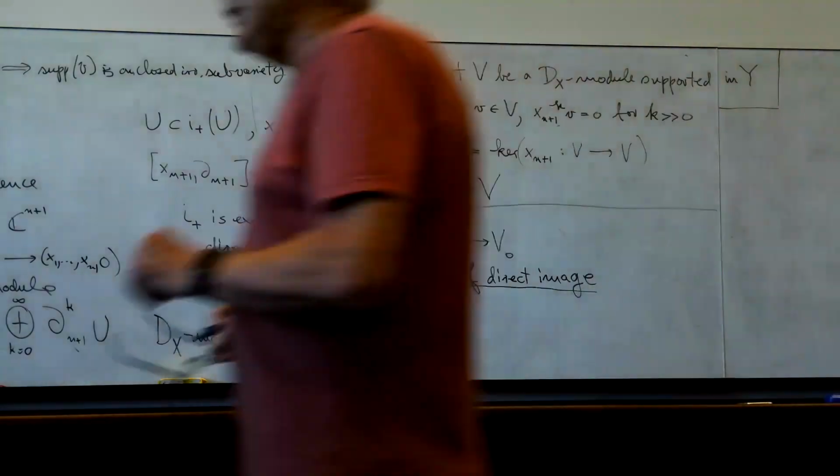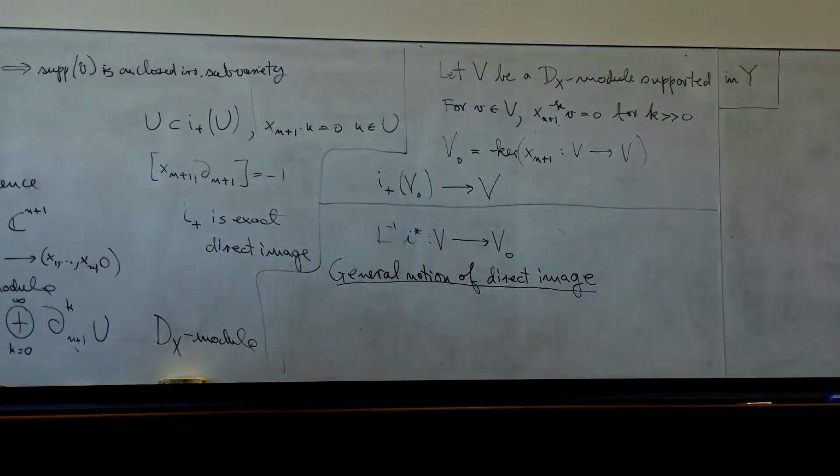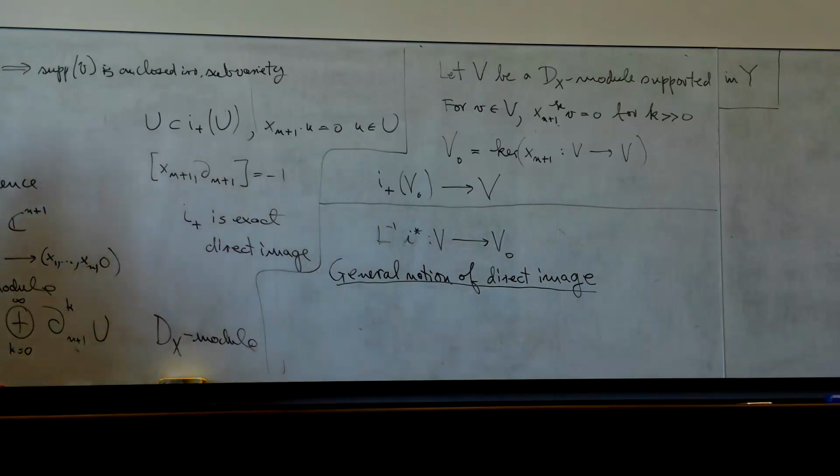But if you are an analyst, this is not very surprising, because distributions on a big manifold, let's assume now that we are in the smooth case, supported on a submanifold are obtained by taking distributions from the submanifold and applying normal derivatives.